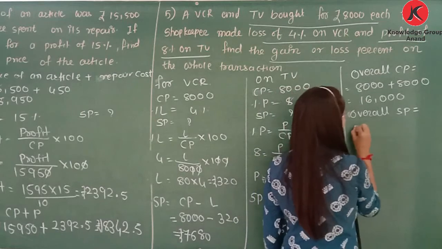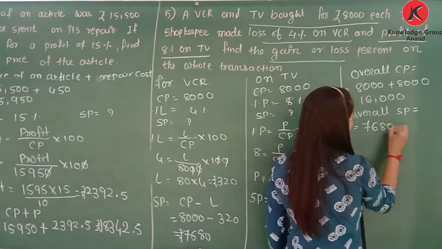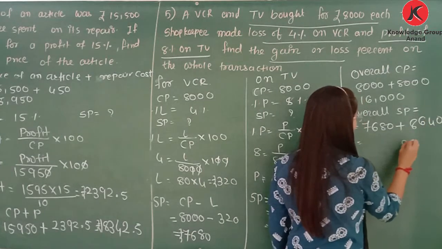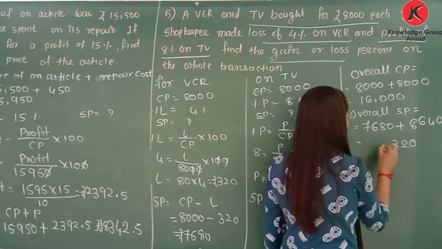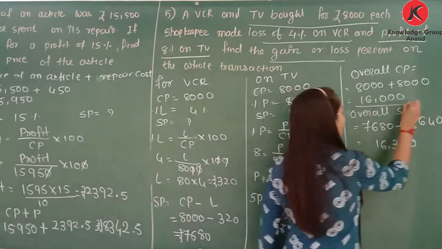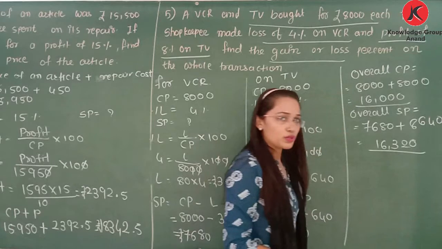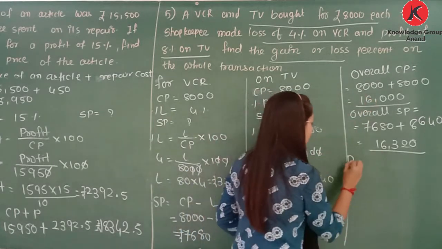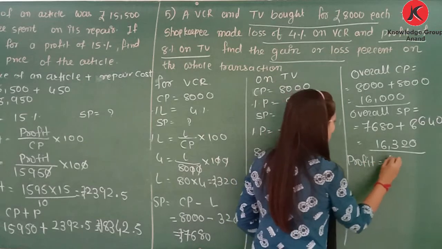So it is 7,680 plus 8,640. So add this, 16,320. So this is overall CP, this is overall SP. So SP is greater than CP, so we have a profit. How much profit?